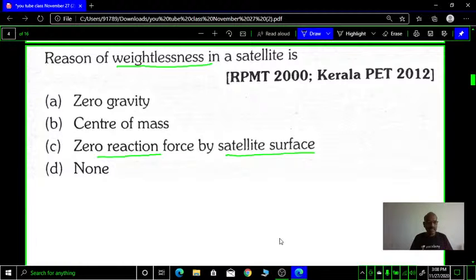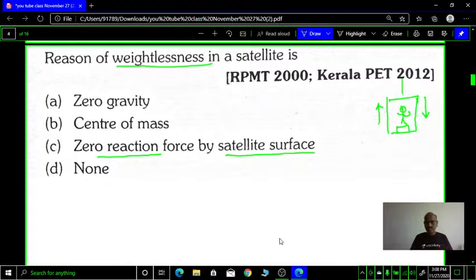Even in the lift, the weighing machine problem: when you are standing inside the lift on the weighing machine, we know that when the lift is moving upward, your apparent weight is more than the real weight. When the lift is moving downward, it will be less.